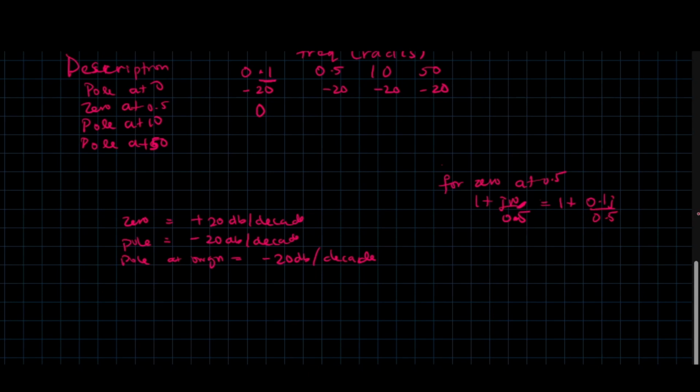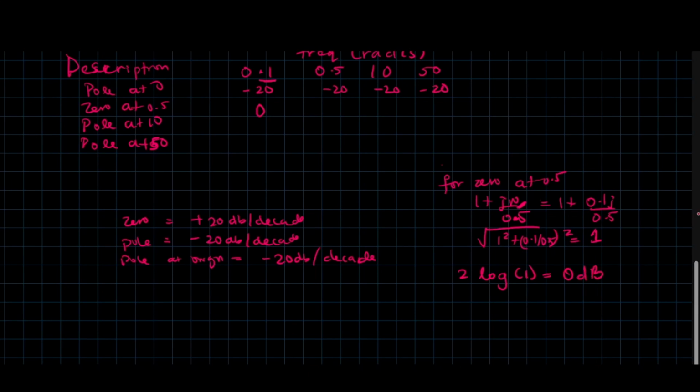If you take the magnitude of this, it will be the square root of 1 squared plus 0.1 over 0.5 squared. It's going to give you approximately 1. If you now want to find the amount of decibels that this will amplify the signal by, the amount of decibels that it contributes to this system, you do 20 log 1, which is about 0 decibels.